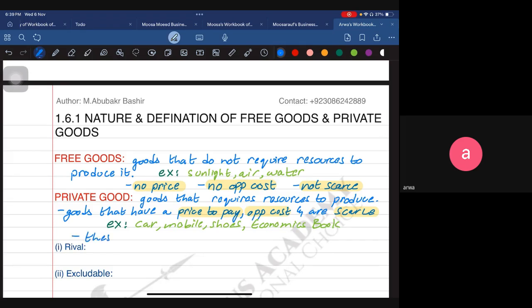So these goods are rival plus excludable. What do we mean by this? By rival, if one person is buying a car, there will be another person who might not be able to buy a car, maybe if the quantity runs out.